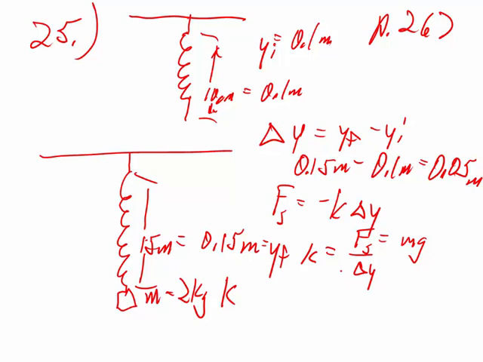If you distribute the negative through right here, you'll see that it becomes positive. But remember what I said in lecture. That really only tells us that the restoring force is in the opposite direction. Okay. So don't get all snafu'd up on the negative. All right. So we have then what?